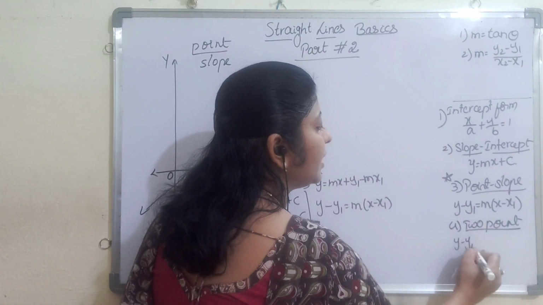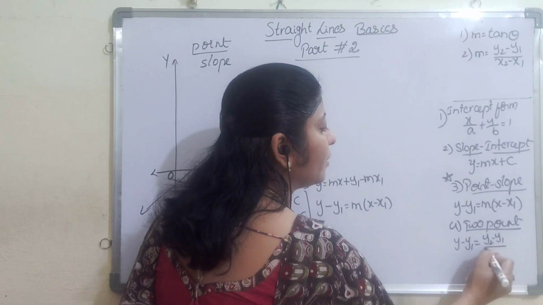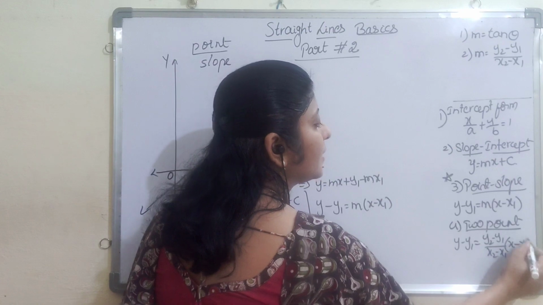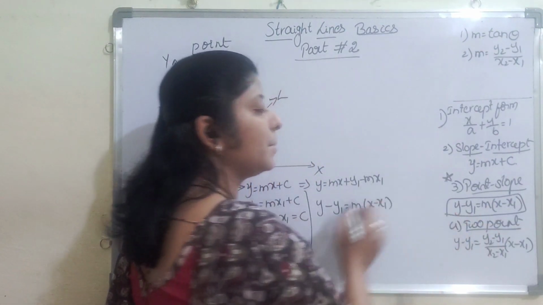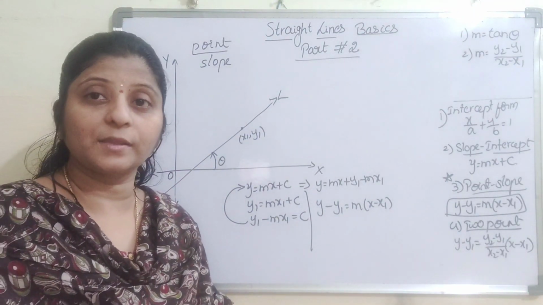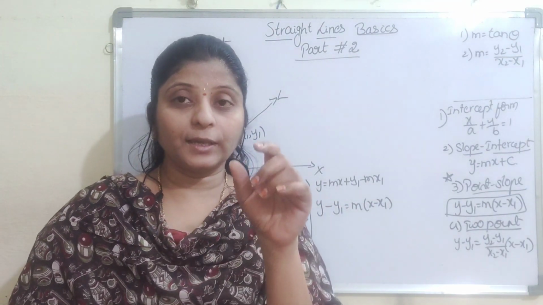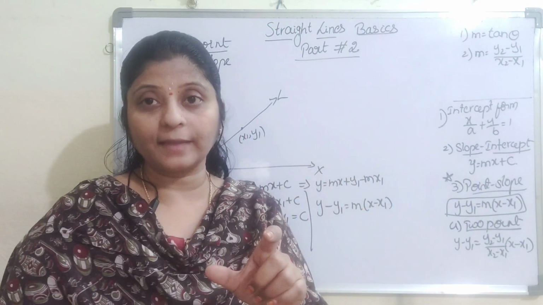So y minus y1 equal to, instead of m, the value will be changed to y2 minus y1 by x2 minus x1, times x minus x1. Just simple. So if you remember y minus y1 equal to m into x minus x1, then depending upon the given values, if theta is given, you can use m value as tan theta.